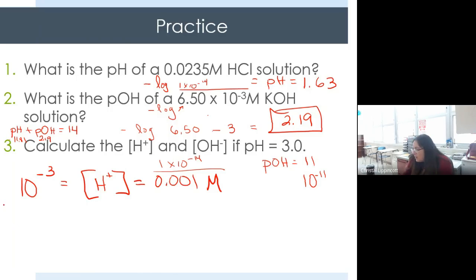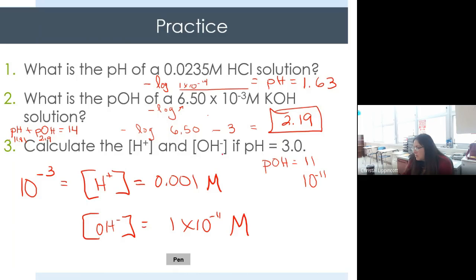So either way, my hydroxide concentration should equal 1 times 10 to the negative 11, and that's going to be molar. So there's a couple of different ways you can manipulate these to get what you want.